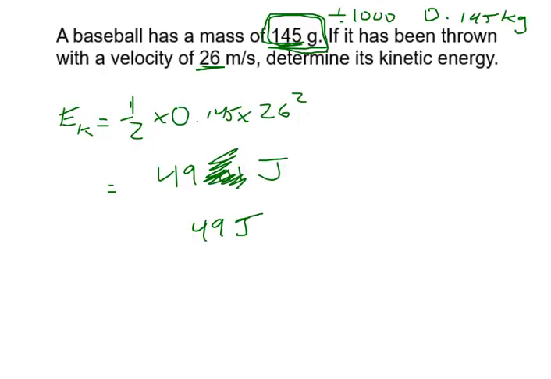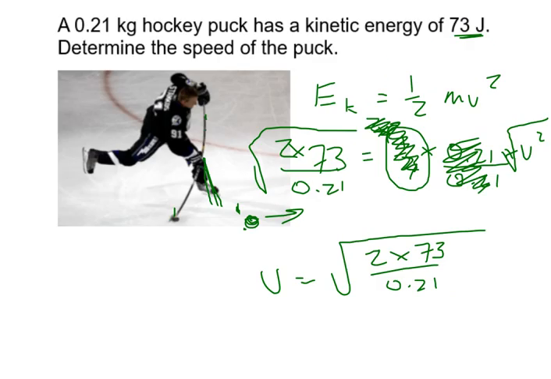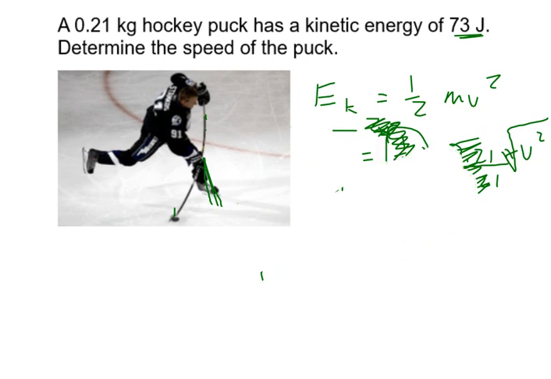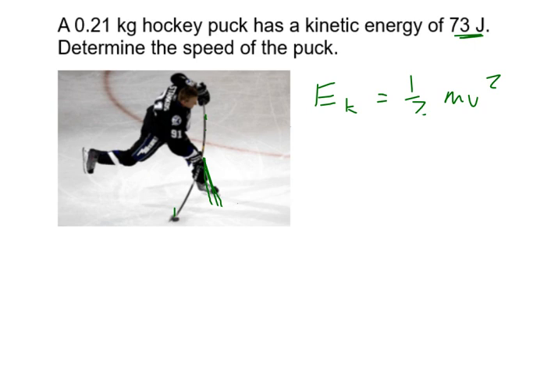Let me redo my steps just in case that was a little bit too fast. I'll erase it and try it one more time here. So what were my numbers again? This was 73. This was 1/2. This was 0.21, and that was v squared. So new color, I guess. How do you get rid of 1/2? Well, you times by 2. If you times 1/2 by 2, that cancels.